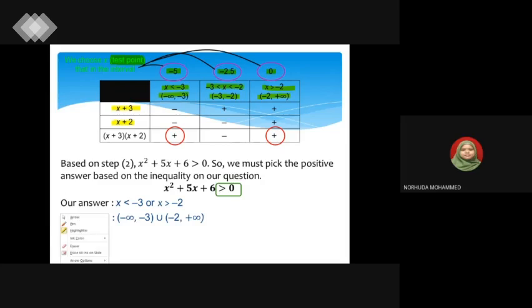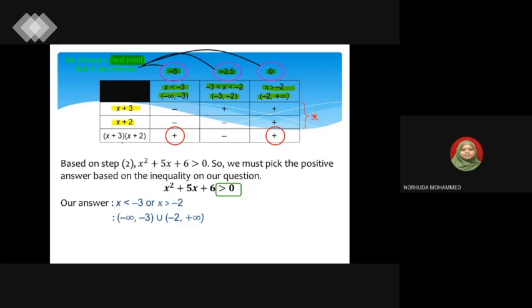Okay. After, for this table, you just fill in row 2 and row 3 only. Why?